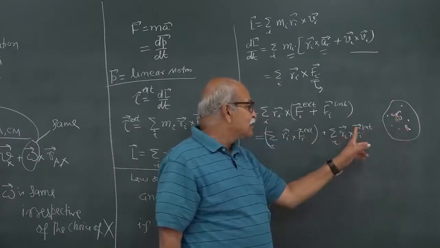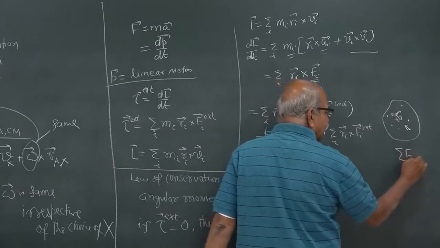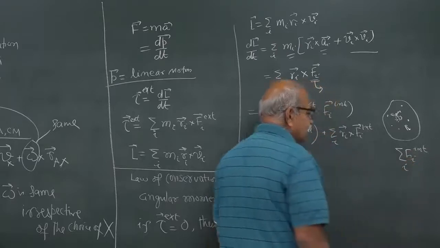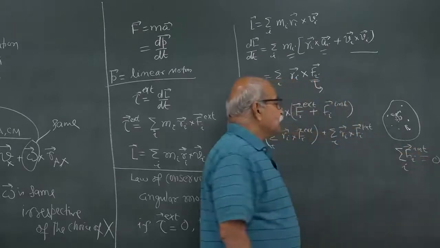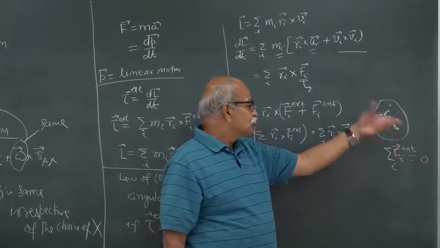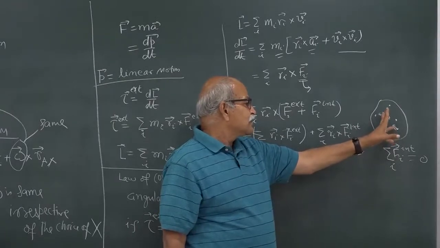So, total summation on Fi internal over all the particles will be 0. That is fine, that is Newton's third law. These two particles are attracting or repelling or doing whatever, and the magnitudes are same, the directions are opposite.